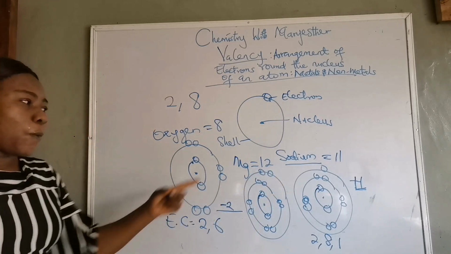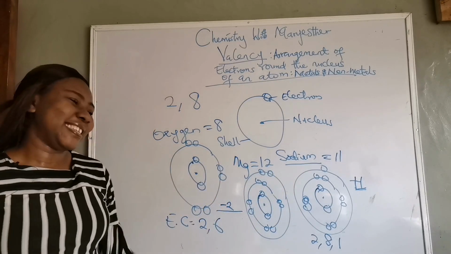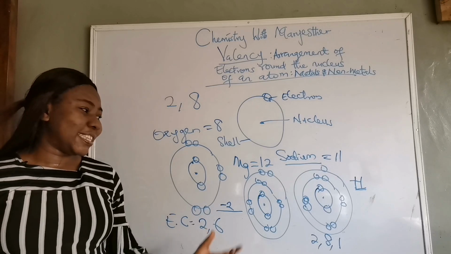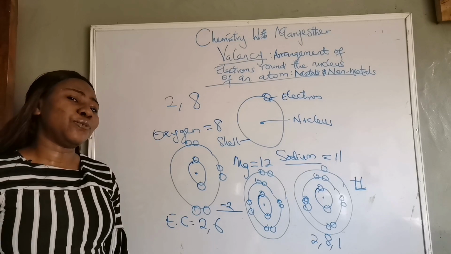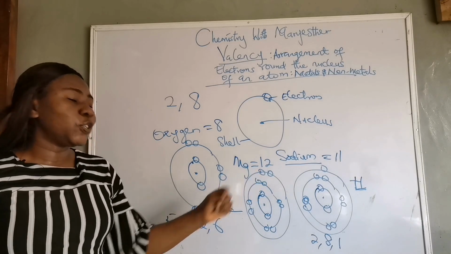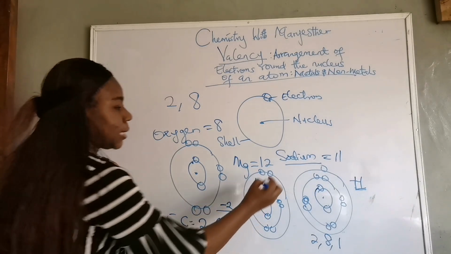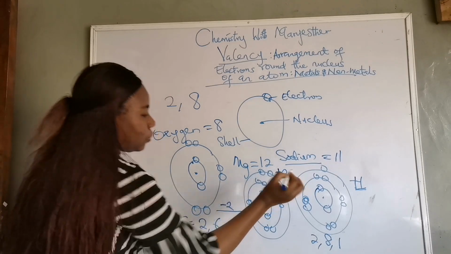The question is, will magnesium gain or lose? Remember, we are looking for 8, and it has 2 in the outermost shell. Who will give magnesium up to 6? So, magnesium will lose 2 electrons. That is a valence of +2. Very simple.